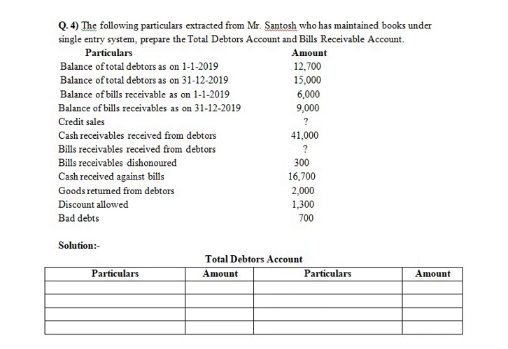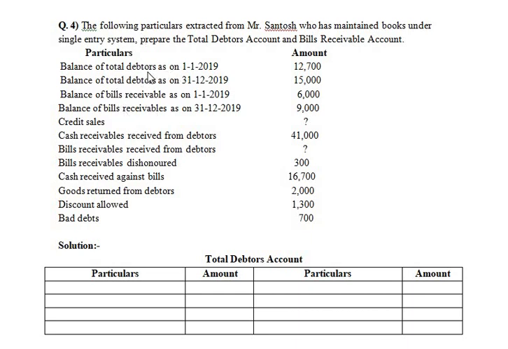Balance of total debtors as on 31st December 2019 is 15,000. Balance of bills receivable as on 1/1/2019 is 6,000 and balance of bills receivable as on 31st December 2019 is 9,000.